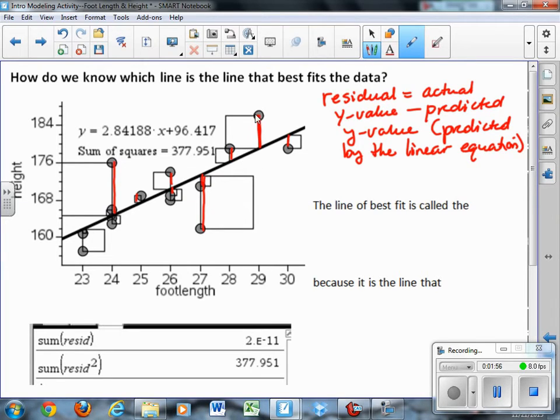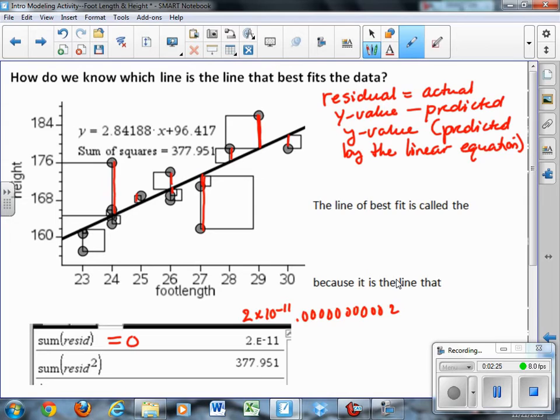Notice that some of the residuals are positive and some of them are negative. If we were to add up all of the residuals, notice right here I did the sum of the residuals, what we end up getting is 0. That's what this says. This says 2 times 10 to the negative 11th, which is 0.000000000002.